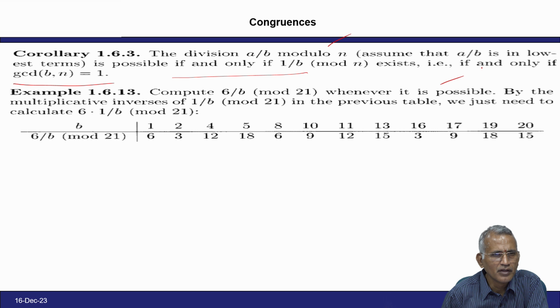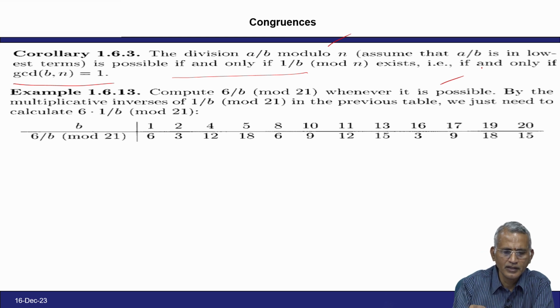So, you take B equal to 1. So, what happened? 6 by 1 remained 6, right. So, we have B equal to 3, 6 by 3 is 2, right. If you take B equal to 4, then the inverse is 16, so 6 times 16 under modulo 21 gives the corresponding value.